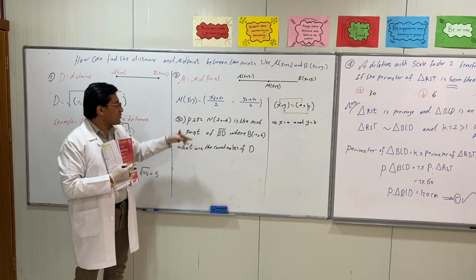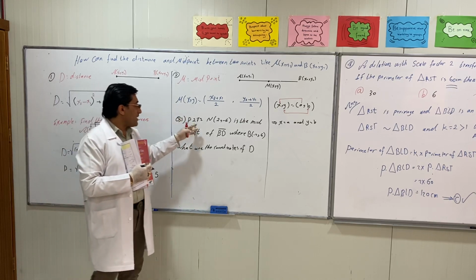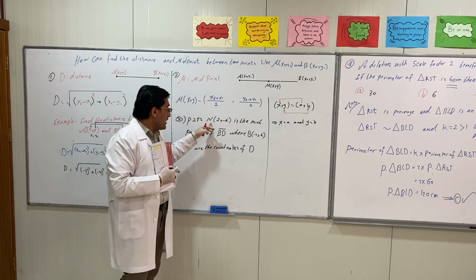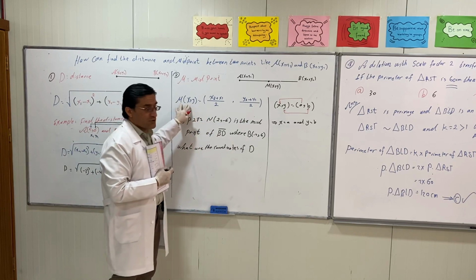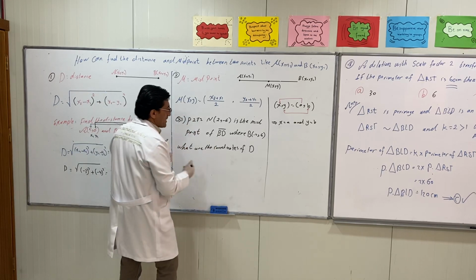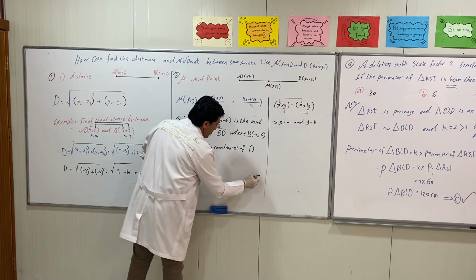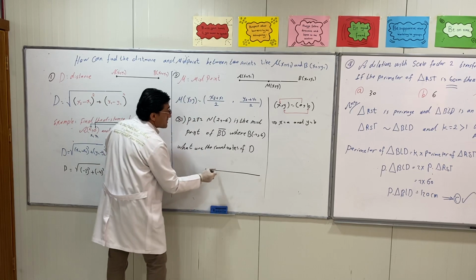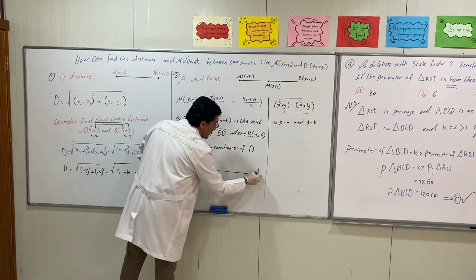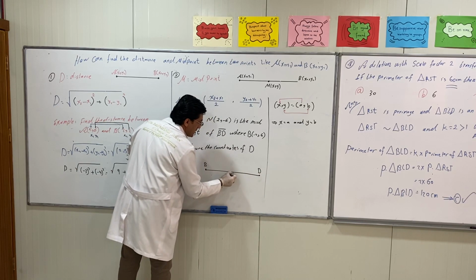For example, like this question: cumulative test, page 272, question 3, which is very important for the final exam. The midpoint is given, but point D is required. We have segment BD: B is the initial point, D is the terminal point, and N is the midpoint.